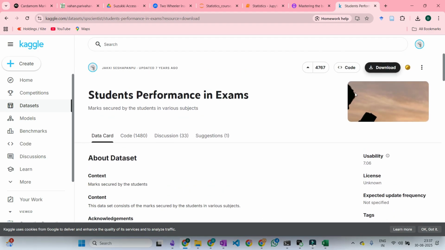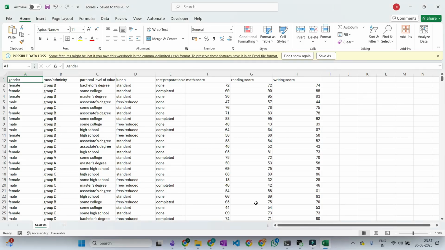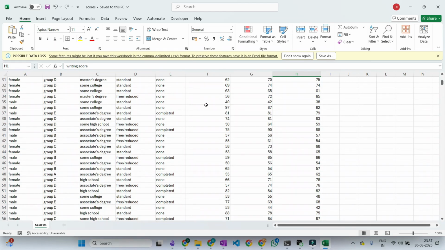So I have downloaded that, and I will show that. So this is our data set. I am going to make use of descriptive statistics to get an idea about this data. So what does this data say? These are the scores of students. You can see the math score, reading score, writing score of different students.